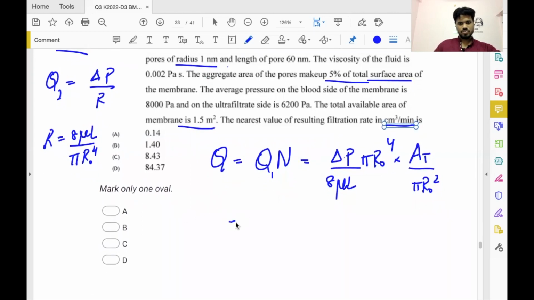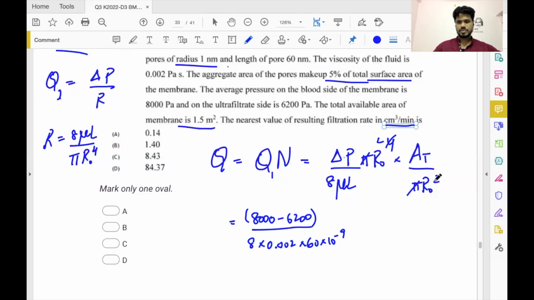Okay, so the total flow should be delta P. Let's keep everything in SI to be safe. 1200 by 8 into viscosity, 0.002 Pascal second. Length of one pore is 60 nanometer, so into 60 into 10 power minus 9. And we have some cancellations here.